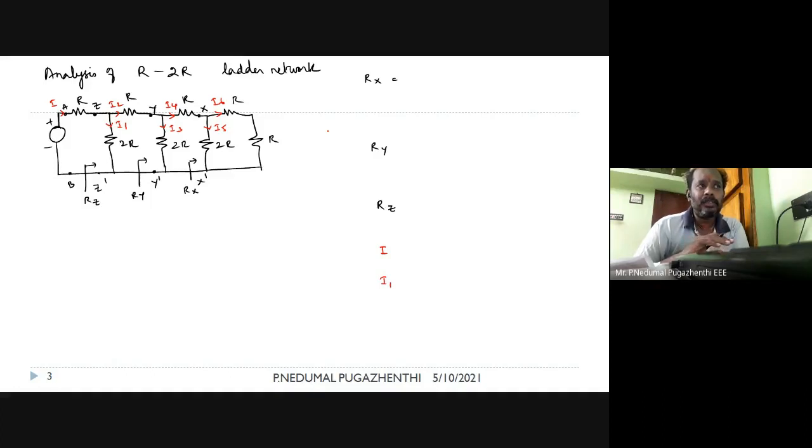In the top branches you have R, the branches between two loops have 2R, and the last part has R. So we have only two types of resistors here. Again I have marked a few nodes like X, X dash, Y, Y dash, Z, Z dash. Those who have understood the previous slide, now tell me what is going to be Rx.